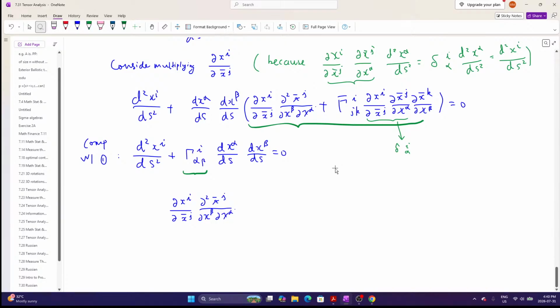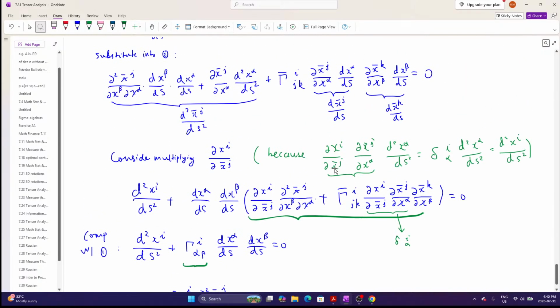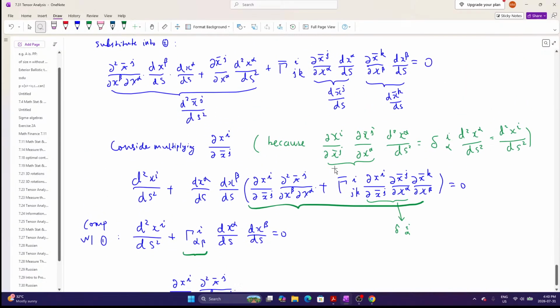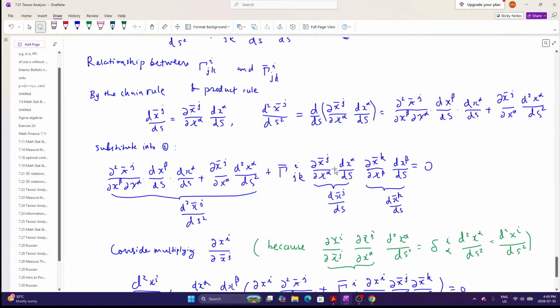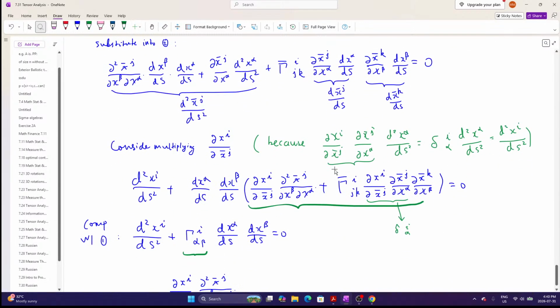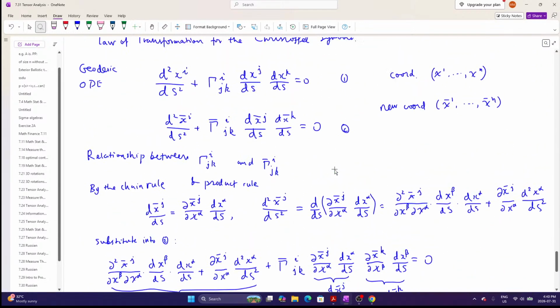Or I mean you can do the other way around, I think that's also fine. But did I mess up here? I think I might have messed up somewhere, because it doesn't look like what the textbook says.